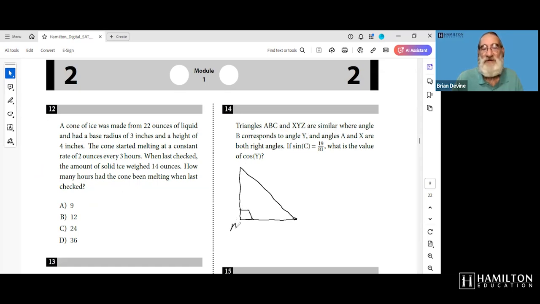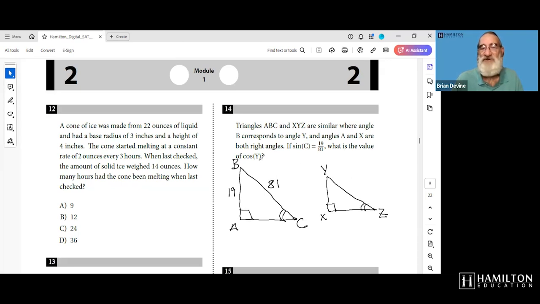A is the right angle, then B, then C, and this is similar, same shape, so same acute angles correspondingly to X, then Y corresponds with B, then Z. And the sine of C is going to be 19 opposite over 81 hypotenuse, which would be the same as the sine of Z.